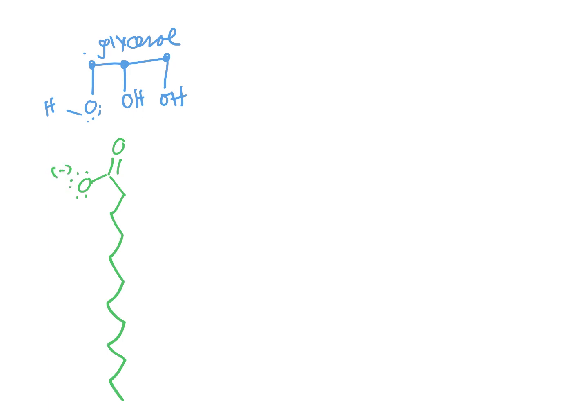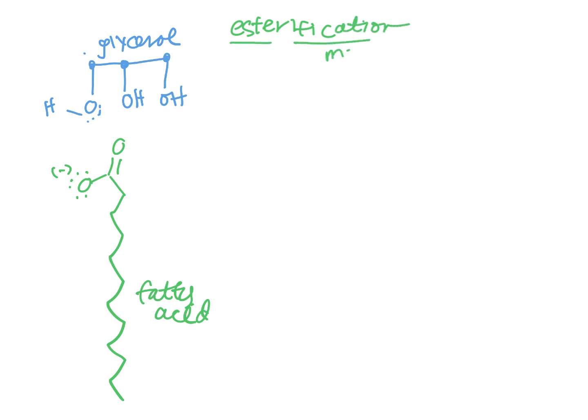All right, so I've got my glycerol, I've got my fatty acid. So we're going to draw the condensation reaction, which is also called, in this case, esterification, which literally means to make an ester bond, which if you remember should look something like this.